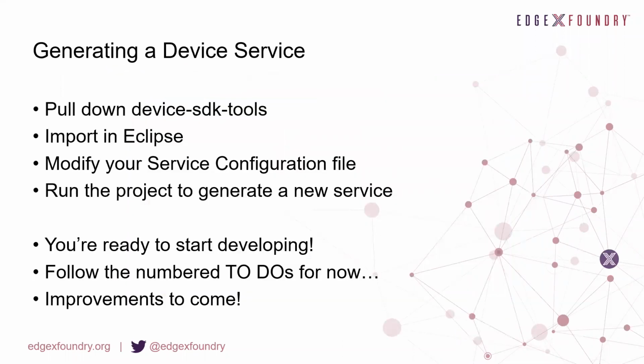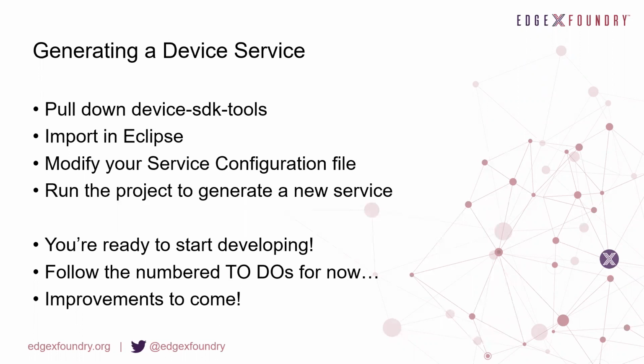So diving right in, what do you need to do to generate a new device service inside of EdgeX? Well, it's pretty straightforward. So you pull down our device SDK tools repo, which is a really simple Java project that just has a whole bunch of template code in there for generating the new service.